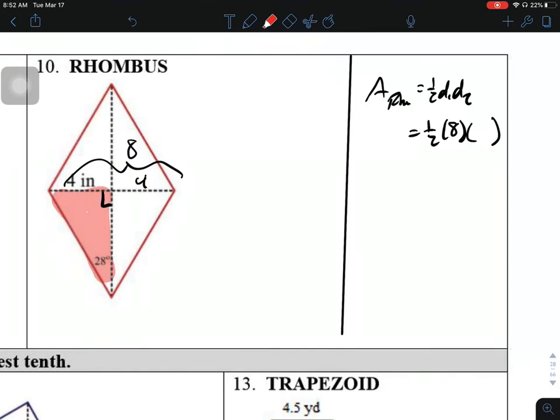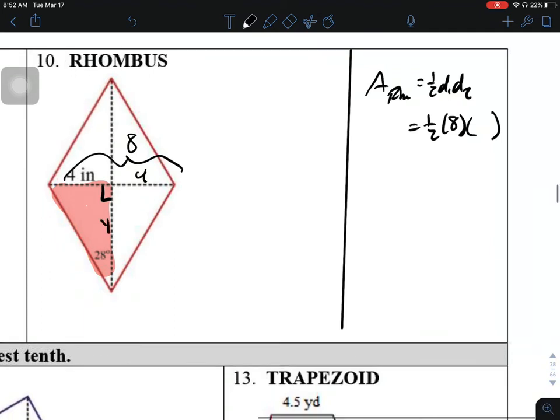So a right triangle, the diagonals of a rhombus are always perpendicular. That makes this a right triangle, and let's say that we're trying to find this y value here. Using right angle trig, we could say that tangent of 28 degrees is the opposite leg over the adjacent leg.